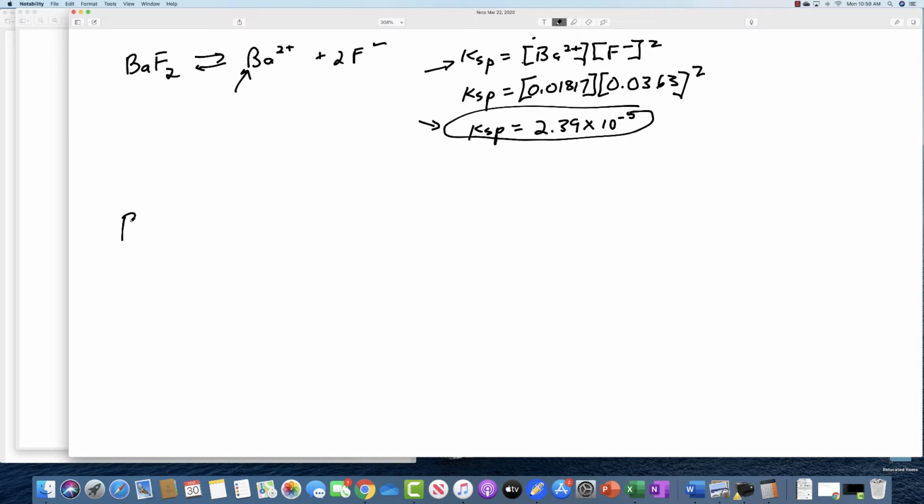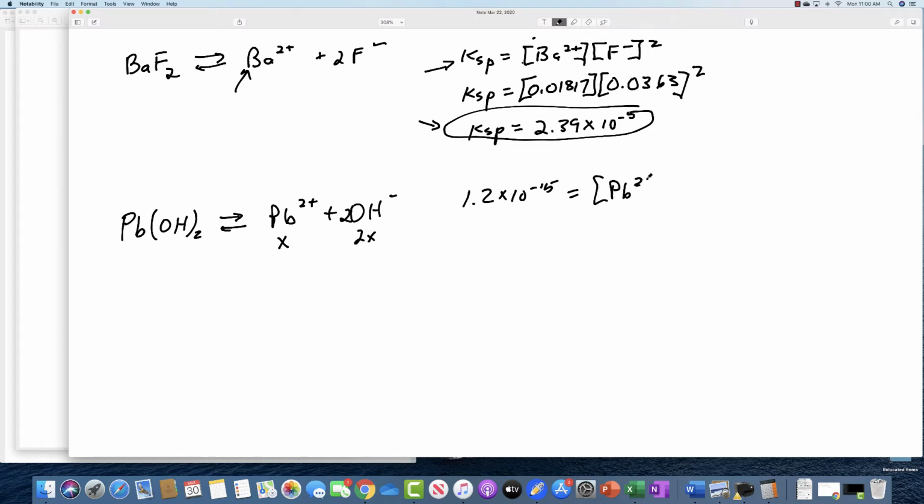So we have lead hydroxide decomposes to form lead ions plus hydroxide ions, 2 of these. And this is going to be X and this is going to be 2X. And you know that 1.2 times 10 to the minus 15 is equal to the concentration of lead times the concentration of hydroxide squared.